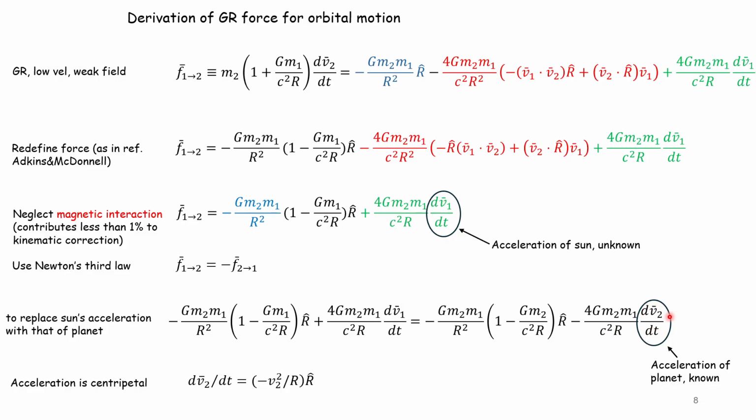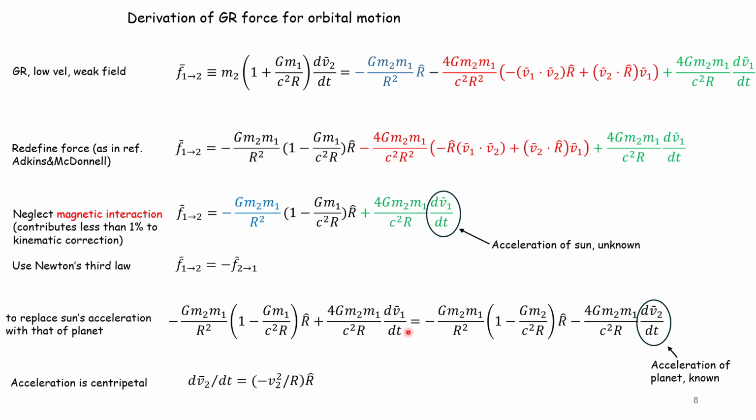So the acceleration of Mercury, or the planet in general, is just v squared over r in our approximation scheme. That's a centripetal force. So what we then do, we solve this equation for the acceleration of the Sun.